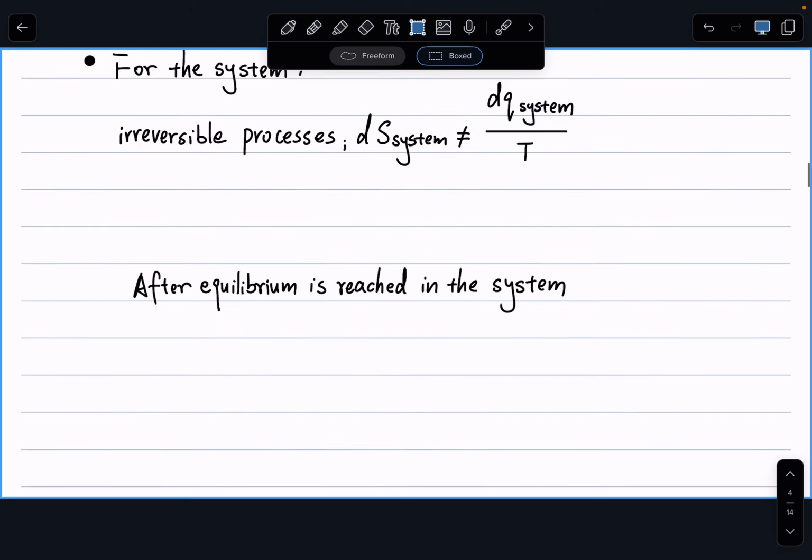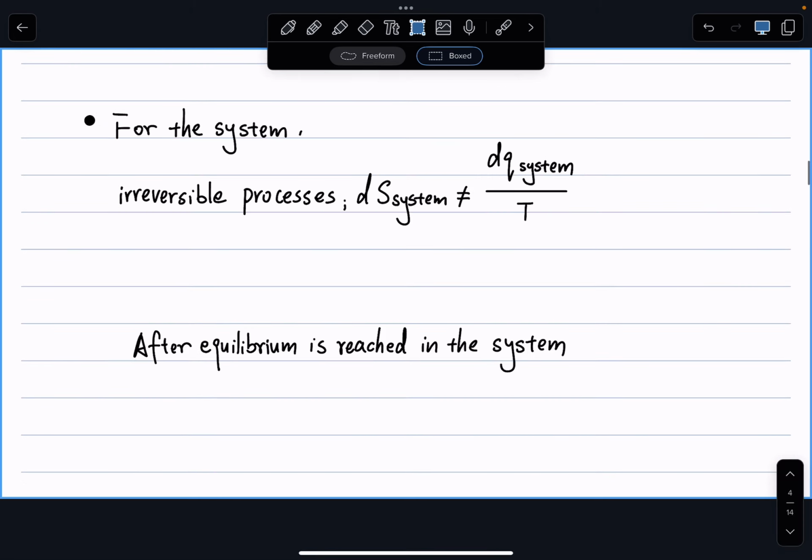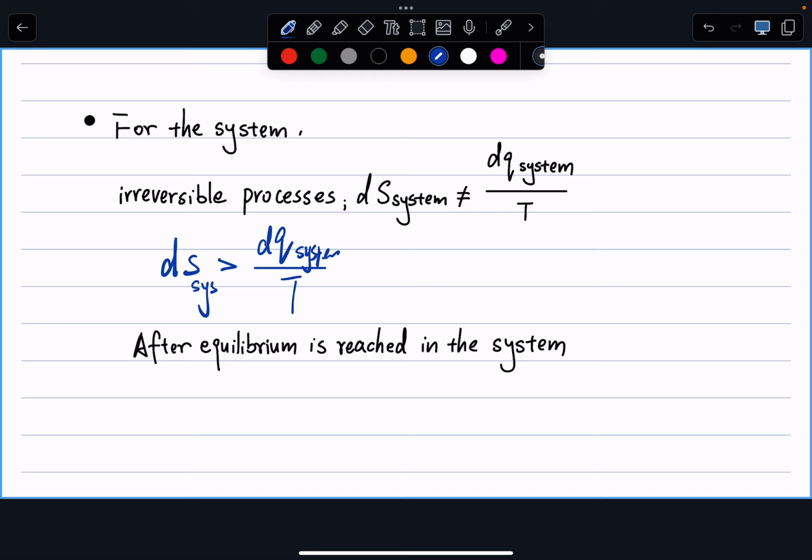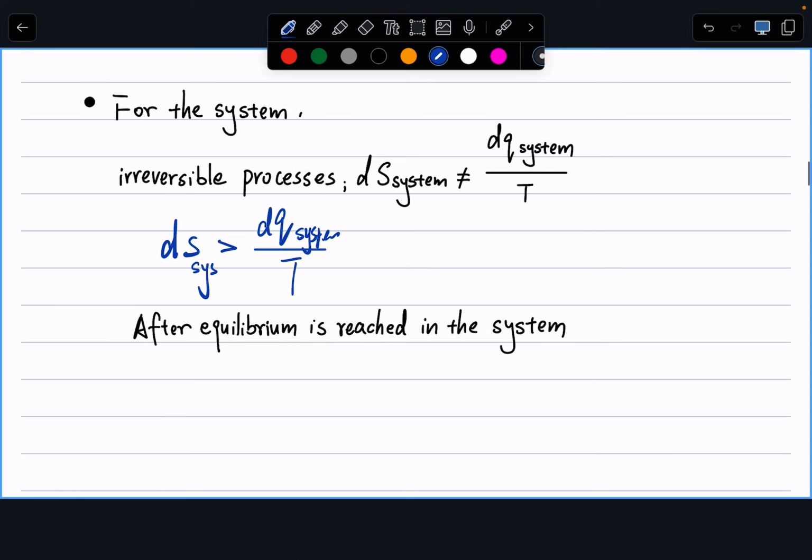Or the other way to put it is, for the system, what we end up getting is your dS is larger than dQ system over temperature prior to equilibrium. And then after the equilibrium is reached, we have dS system equals dQ system over temperature.